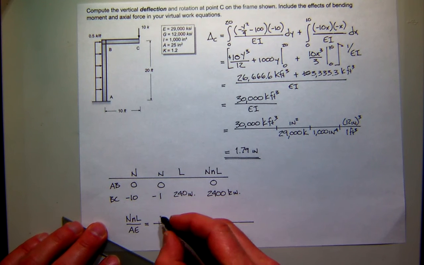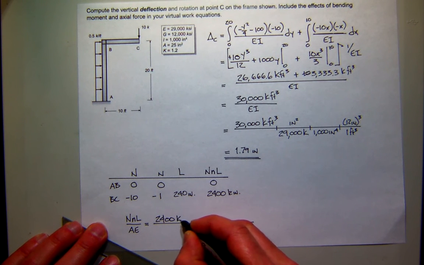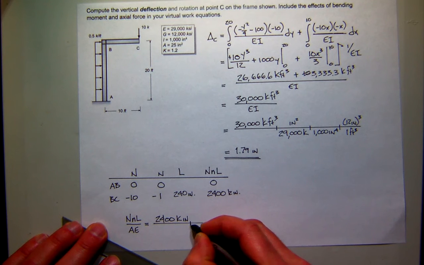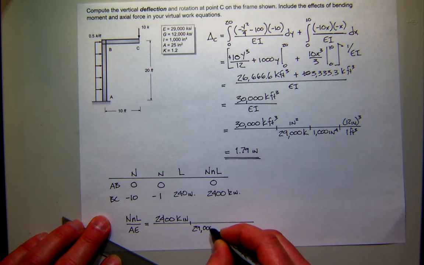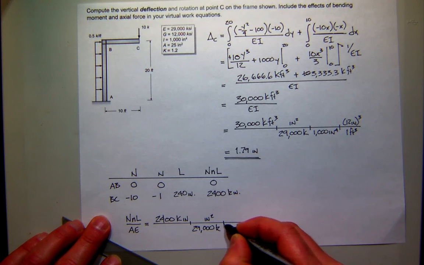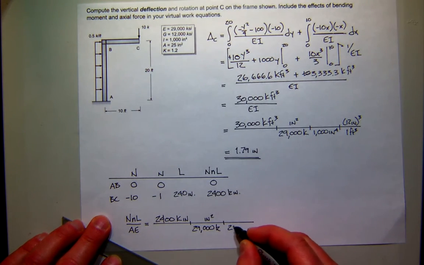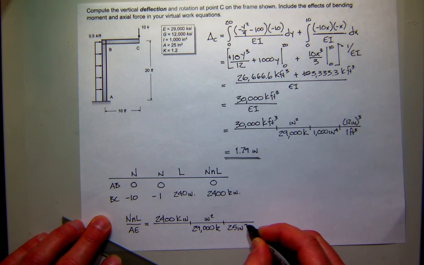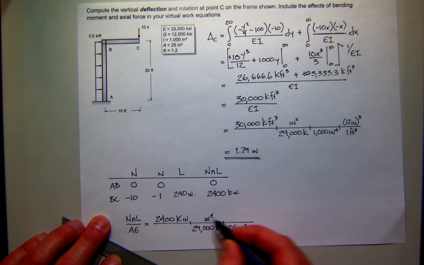So I've got 2,400 kip inches divided by E, which is 29,000 kips per inch squared, divided by A, which is 25 inches squared. So you can see that kips cancel, inches squared cancel.